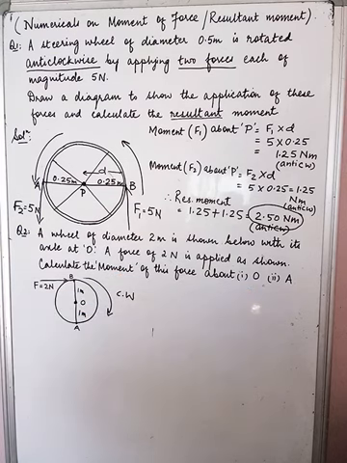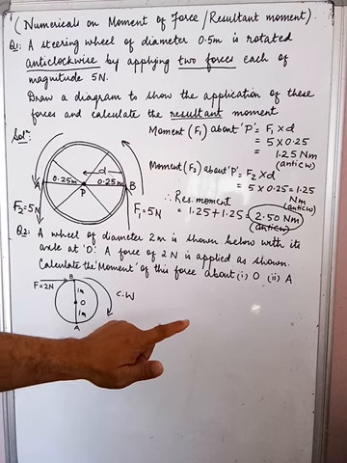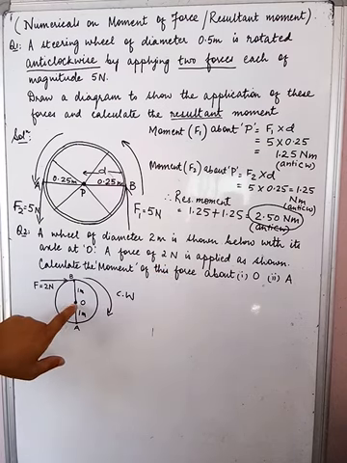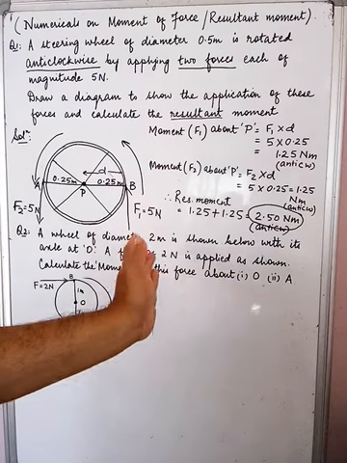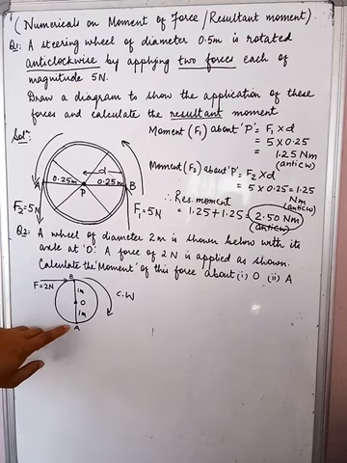Now there are 2 parts to this question. You have to calculate the moment of the same force, but in the first case about a point O, which is at the center, and in the second part the moment of the same force about another point A, which is right below over here.